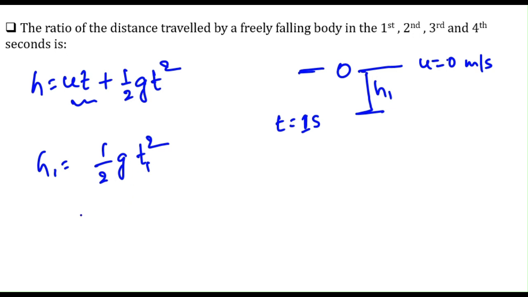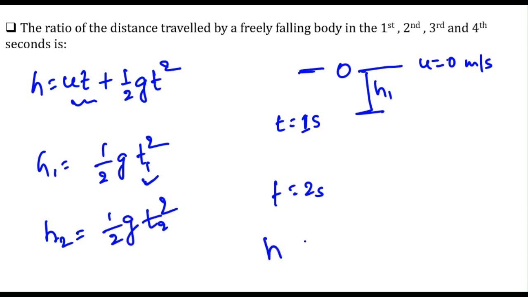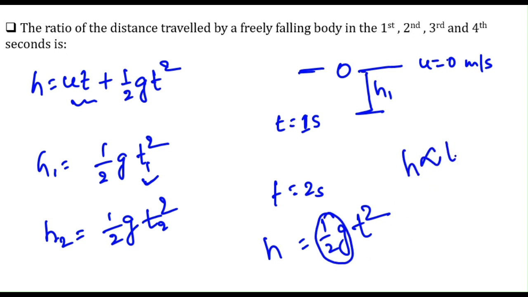Now if we move for t equals 2 second, everything will be common except this time. So on checking the pattern, we will get that h is nothing but 1 by 2 g t square, or this thing is constant. So we can say h is proportional to t square.